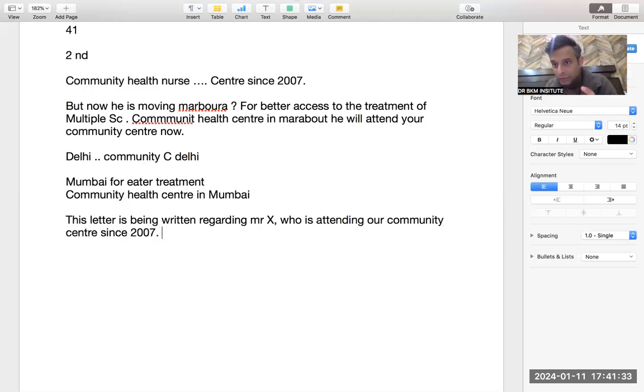The main point: OET says that when you write "who is attending our community center since 2007", first, it is grammatically wrong. But still, if you write everything else well, considering this grammar mistake, they will still give you C positive or maybe B as well. Because of one mistake, they will never fail you.